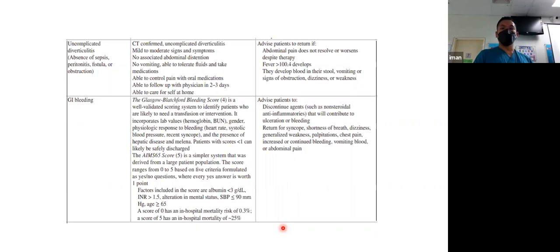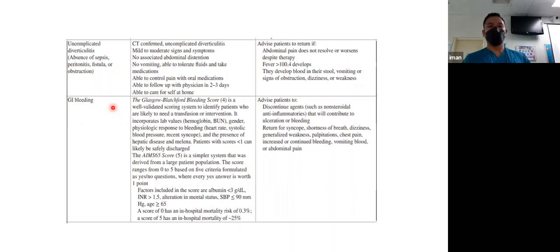Okay, for GI bleeding, I think everyone has a phone with you. We can check the MD calculator app. You can open it. There's a score, the Glasgow Blatchford bleeding score. Those at home can also look at the MD calculator app.